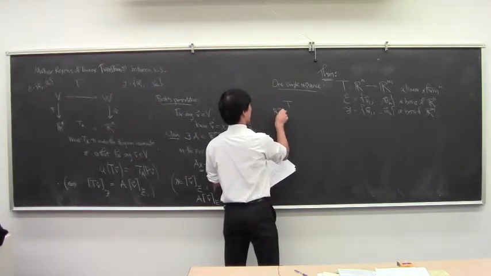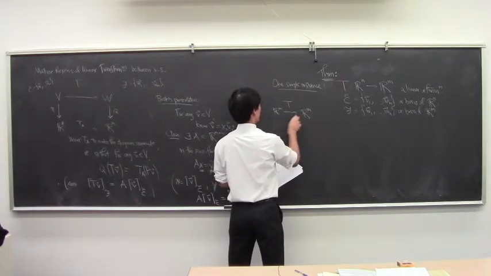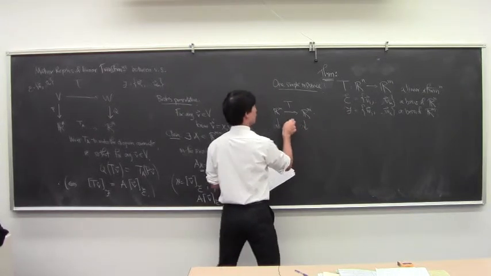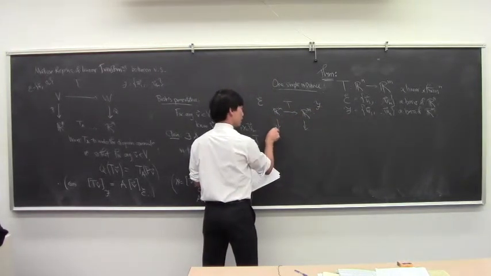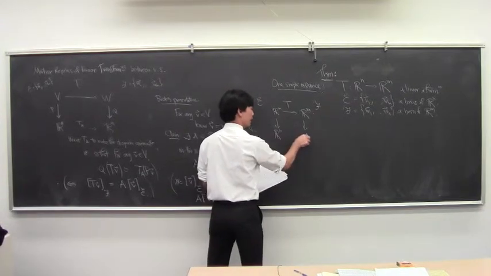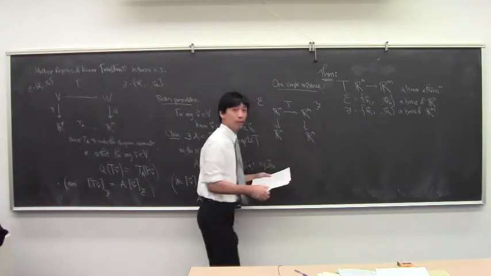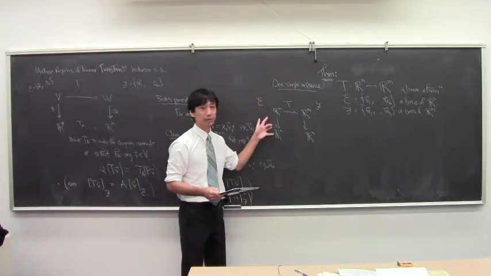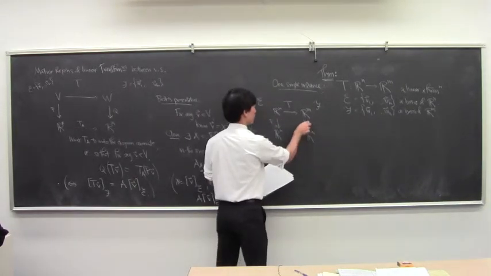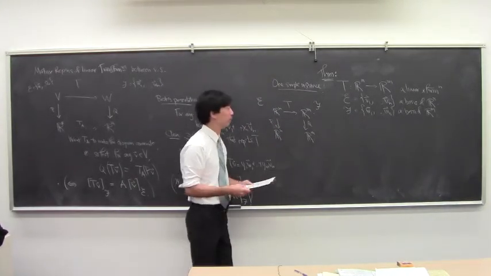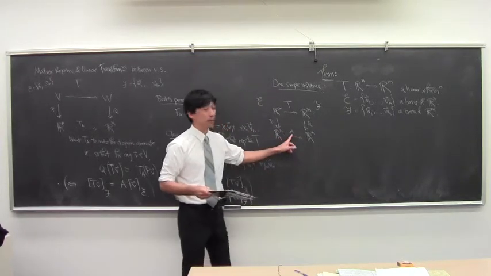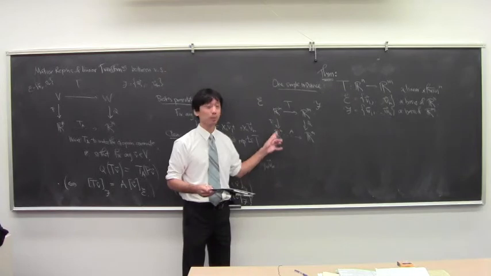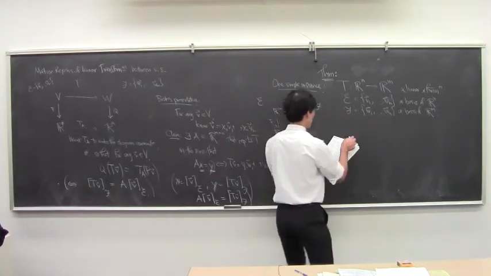You've got Rn to Rm like this. You have your bases, which give you maps, what we call P and Q, down to Rn and Rm, and the theorem is going to say something about the matrix A that makes this commute.